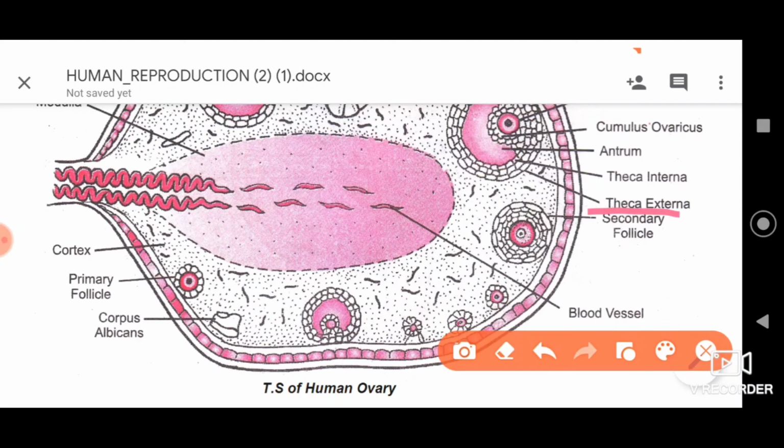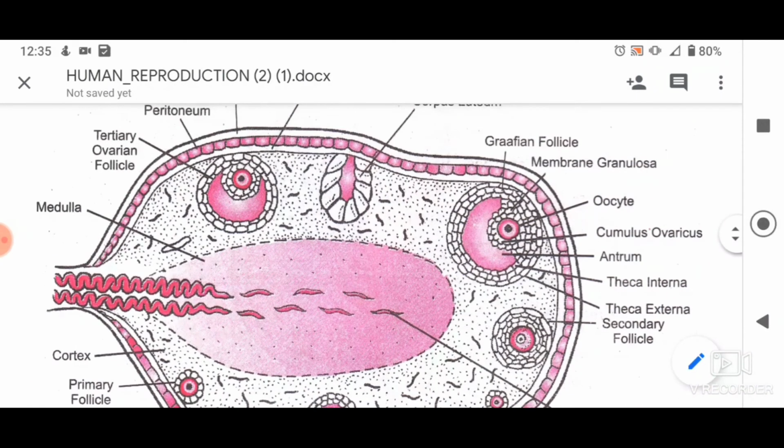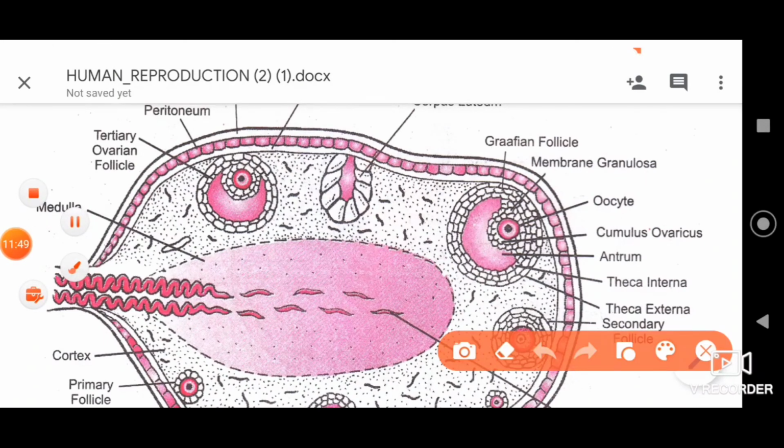The Graafian follicle which has a secondary oocyte, if it has to be released, it should be by a process called ovulation, and the ovulation process, my dear friends, requires the influence of LH hormone. So luteinizing hormone is very essential for ovulation to occur, so that the secondary oocyte which is present inside the Graafian follicle will be released.